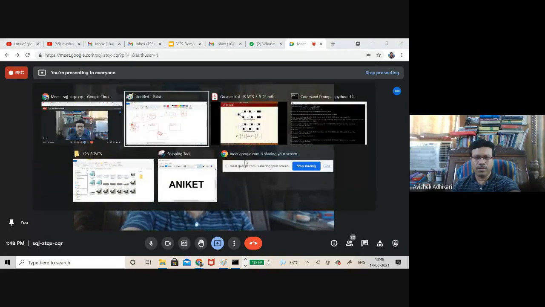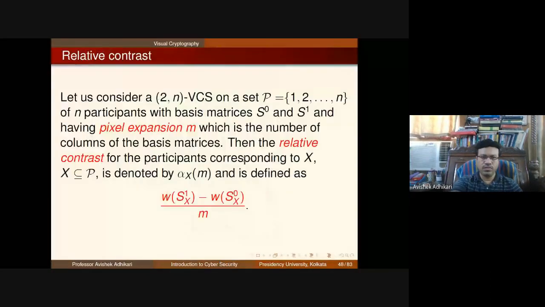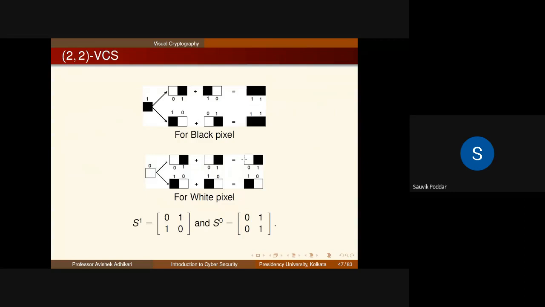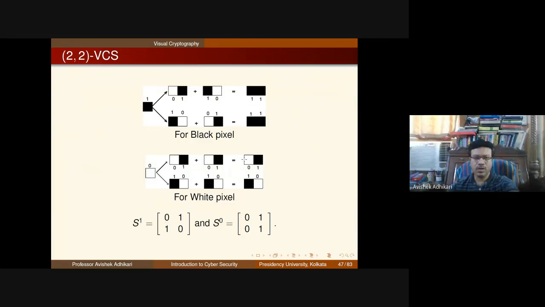Okay, if not, then we'll proceed. Sir, what is the convention of whether we are doing OR operation or AND operation? What are we denoting black as, one? You need to do some mathematics. If I encode black as 1 and white as 0, then this superimposition operation is nothing but an OR operation.